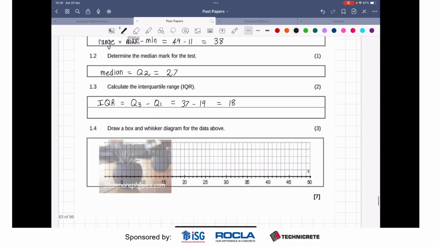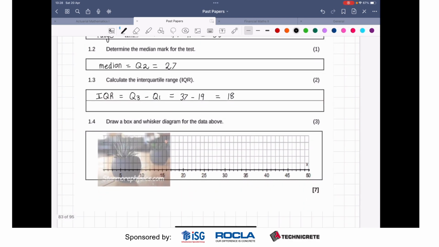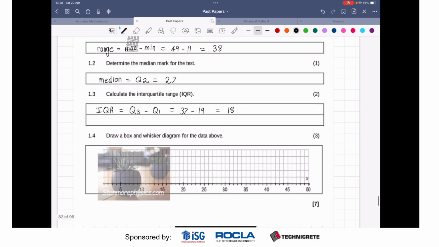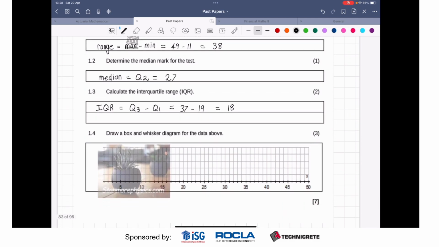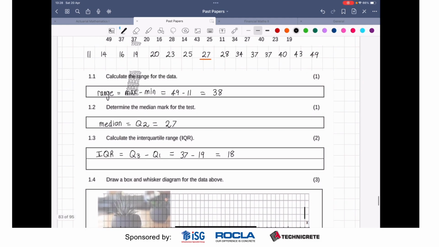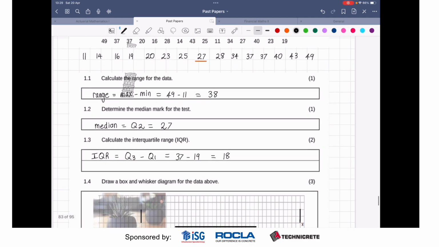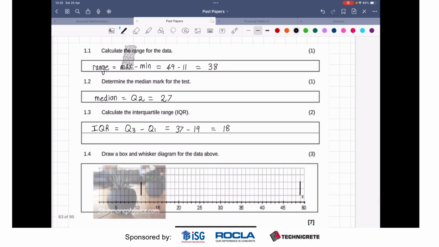And then finally, we're asked to draw a box and whisker diagram. So I'm going to start with my min and max. So my max was 49, which is here. And my min was 11. That is here. Then I want my Q2, which was 27.